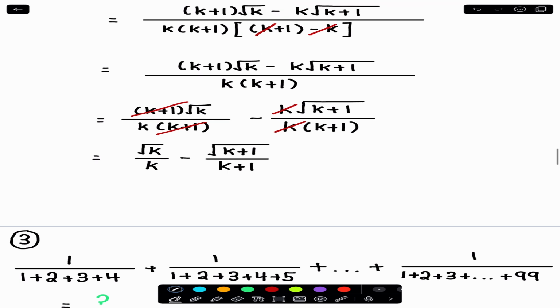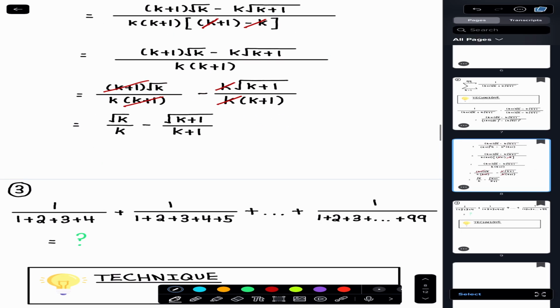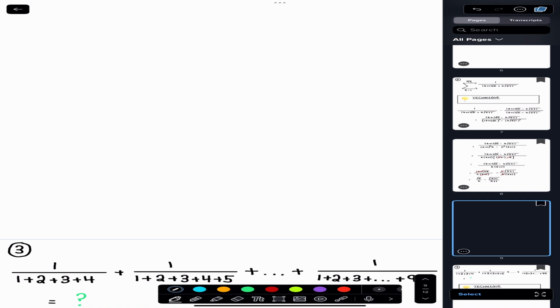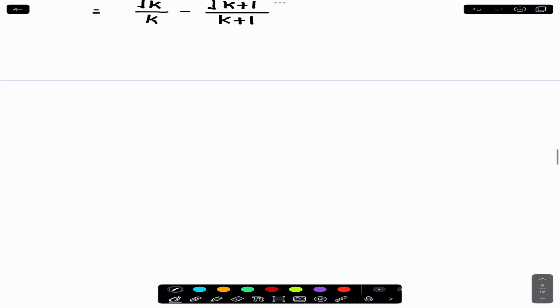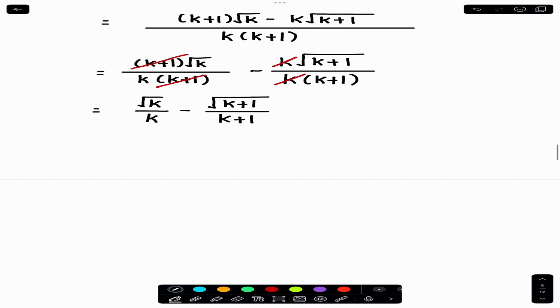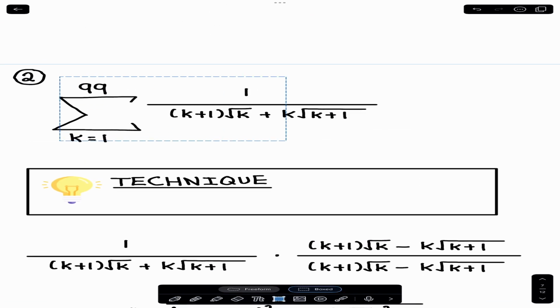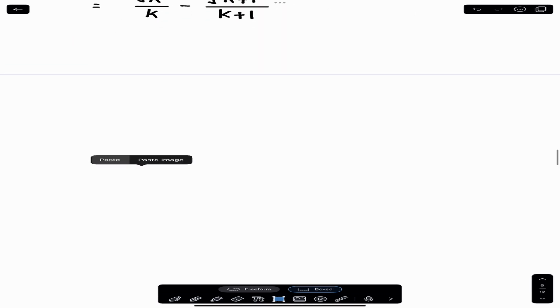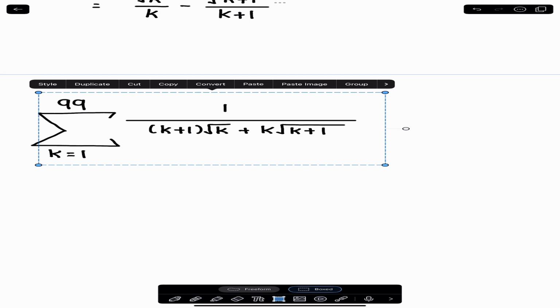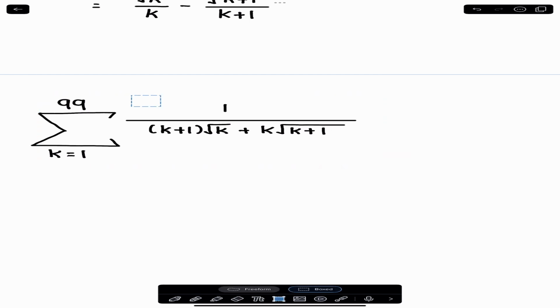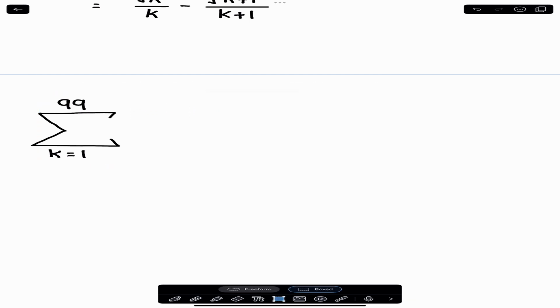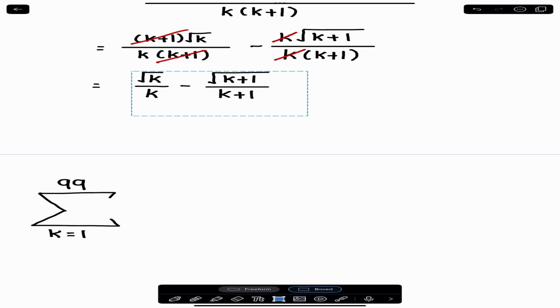Okay, and I'm going to need another page because I always underestimate just how much space we need. So basically, we can take this entire expression and now we can actually get rid of this thing and replace it with this, because that's what we've simplified it to.